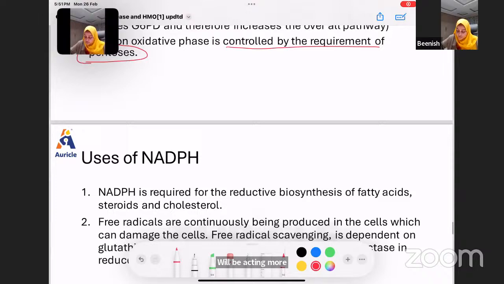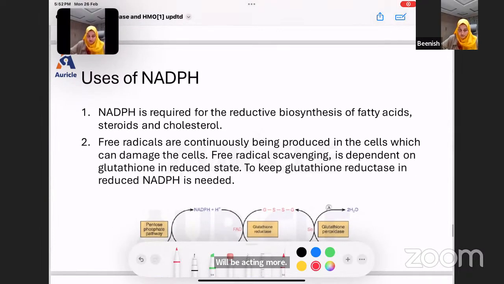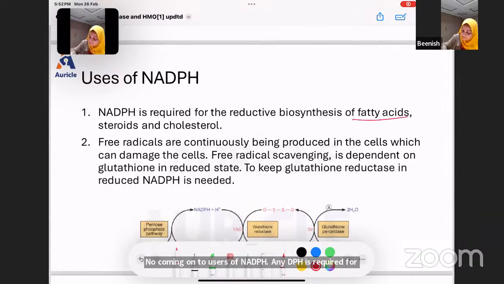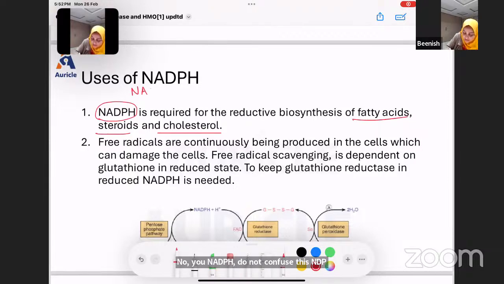Now coming on to uses of NADPH. NADPH is required for the reductive biosynthesis of fatty acids, steroids, and cholesterol. We had just seen what were the organs where the synthesis is taking place. Now your NADPH, do not confuse this NADPH with NAD. Okay? Your NADPH is different from NAD in having an additional phosphate group.